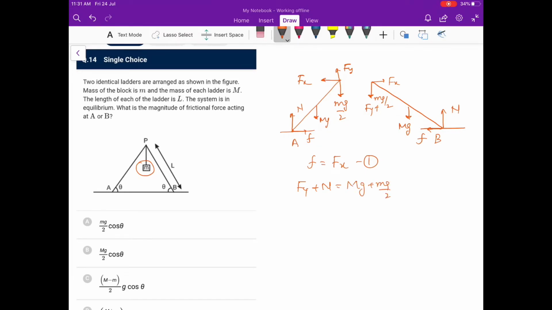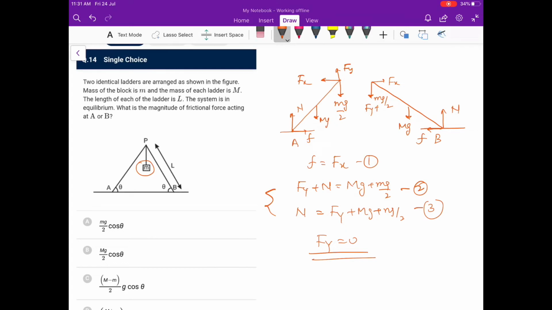This I applied on the left one, and on the right one N would be equal to Fy plus Mg by 2. So from these two equations it's pretty clear that for this to be possible Fy has to be 0, otherwise not possible.